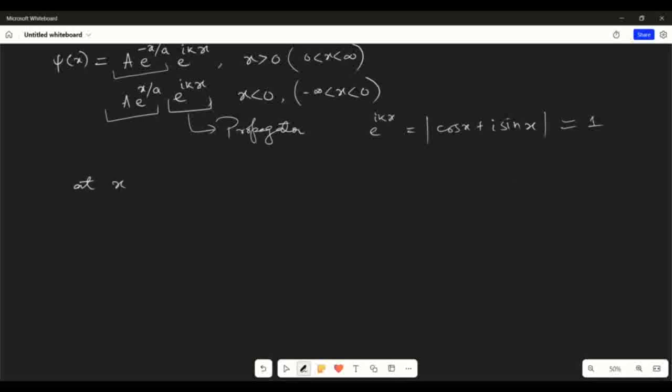At x equals 0, the value of psi x will be a.